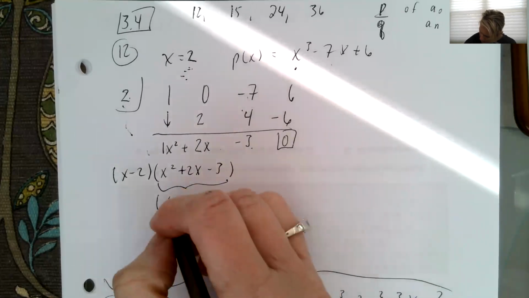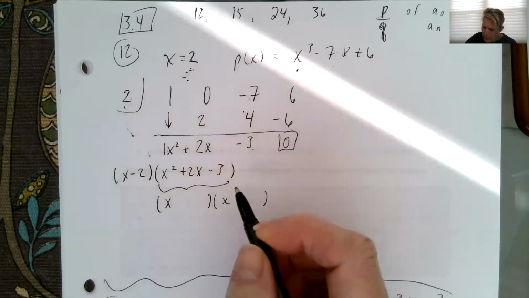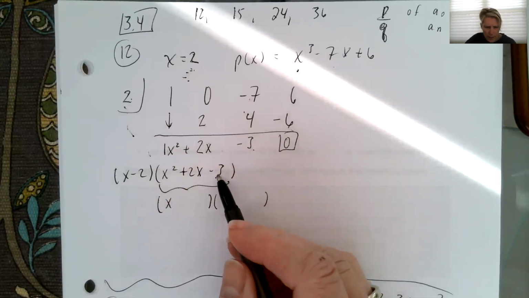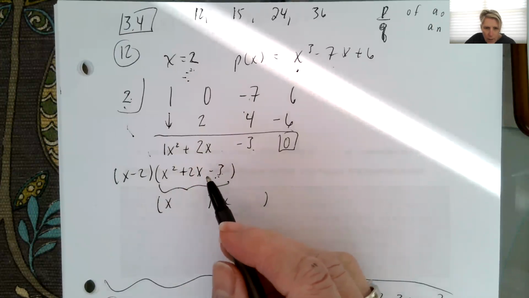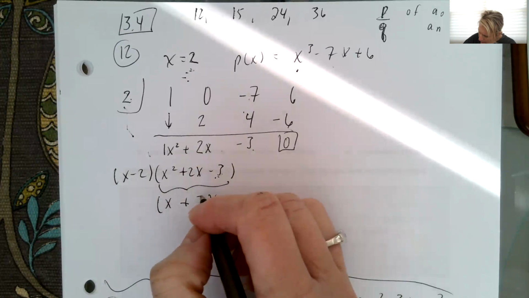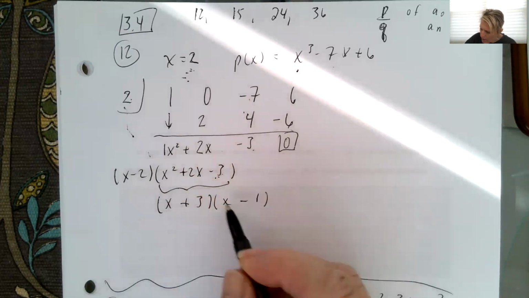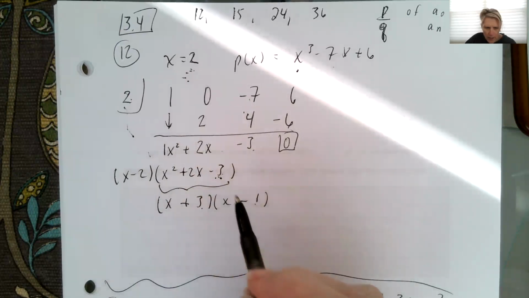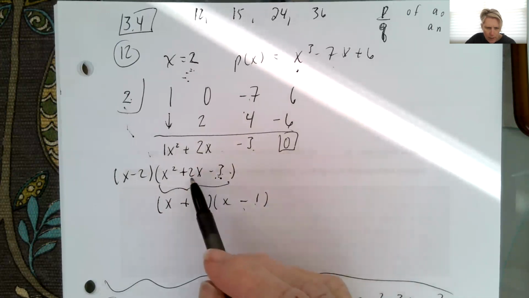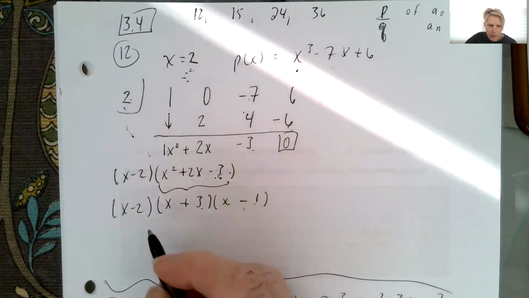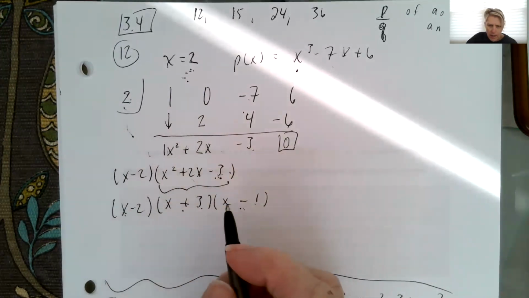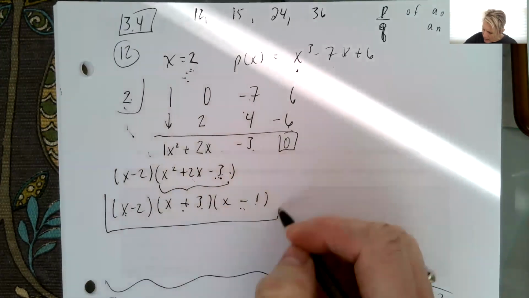So we can do some guess and check and look for factors of -3, which are a positive 3 and a -1, which multiply to give me -3. And then when you add them, you get a positive 2. So it looks like x minus 2, x plus 3, and x minus 1 are all of our factors.